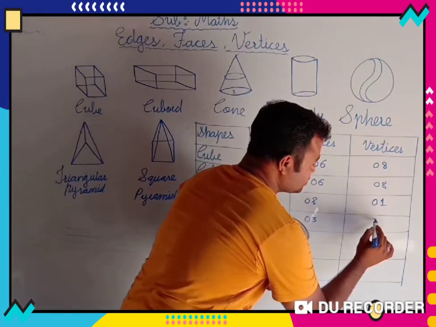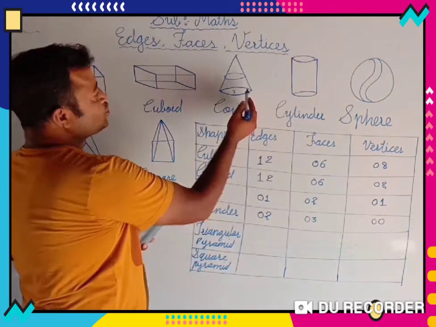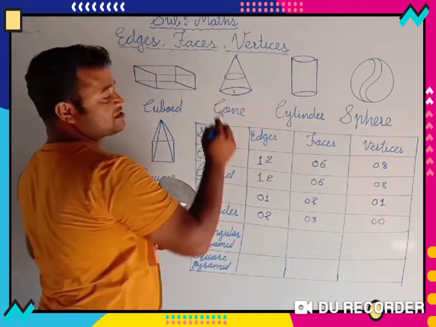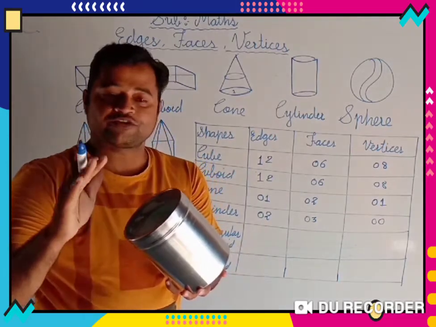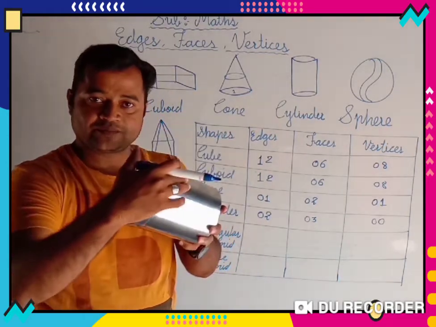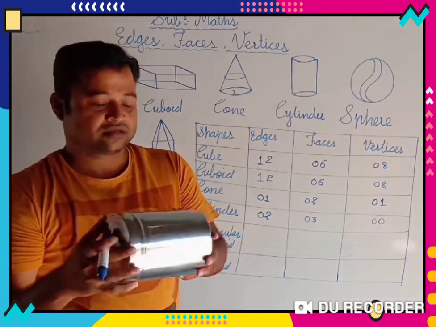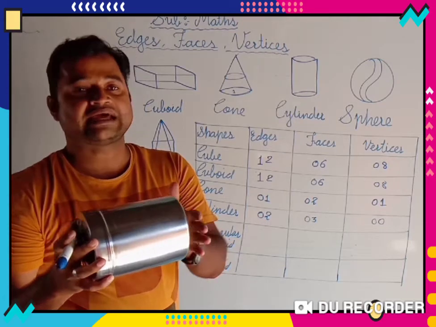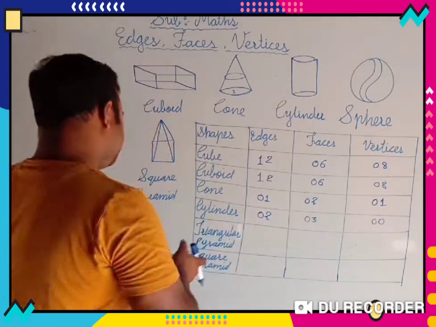A vertex is a corner where 2 line segments meet each other, right? So the cylinder has 3 faces, of which 1 and 2 are flat and 1 is circular. It has 2 edges, and it has no vertex, no corners, right?